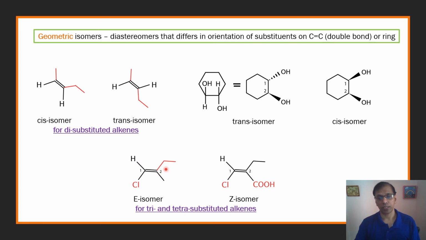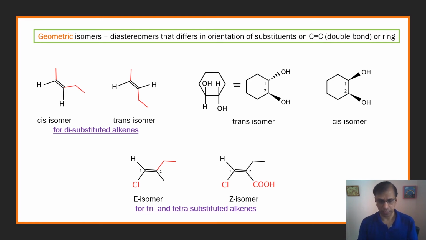Then we have to look at carbon atom 2 and consider the two groups attached to it. You have a methyl group and an ethyl group attached. In order to find out which group has a higher priority, we follow the R and S rule to determine the priority. Please refer to my video on R and S rules to better understand it.